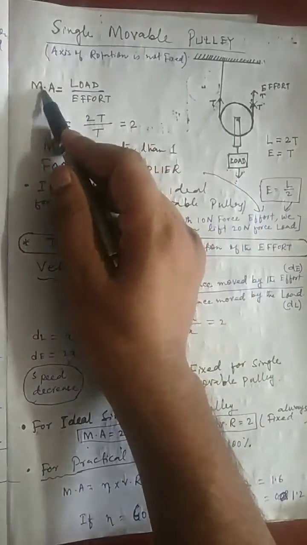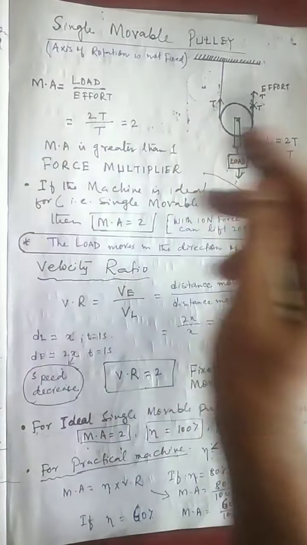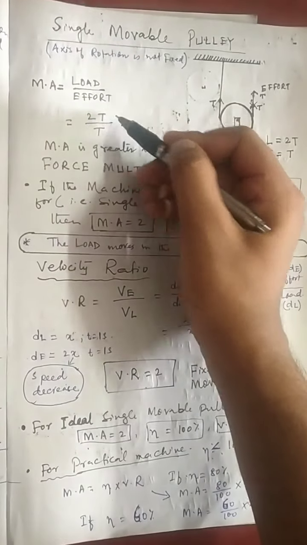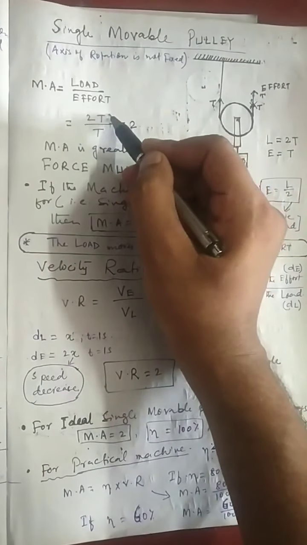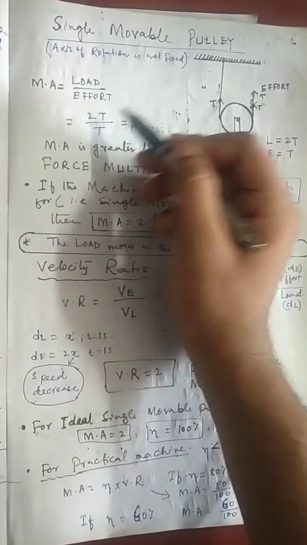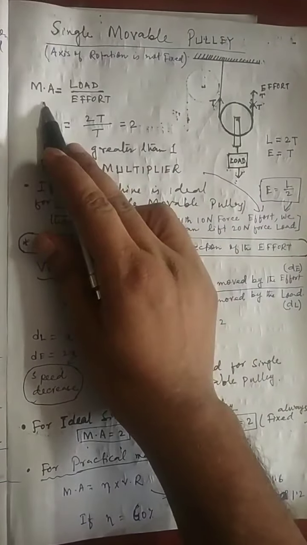So the mechanical advantage of a single movable pulley is 2. It has no unit. Why? Because this tension is a force, and this is a force. The unit of force is Newton, so Newton cancels, since it is the ratio of similar quantities. So mechanical advantage has no unit.